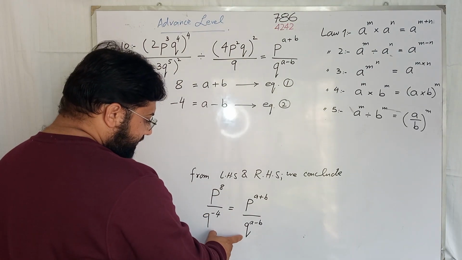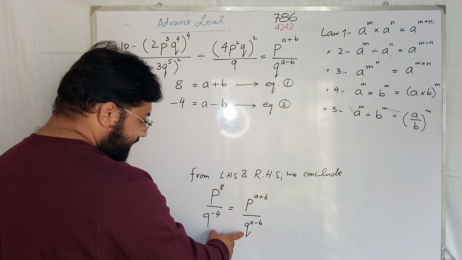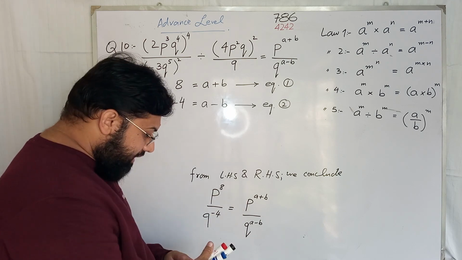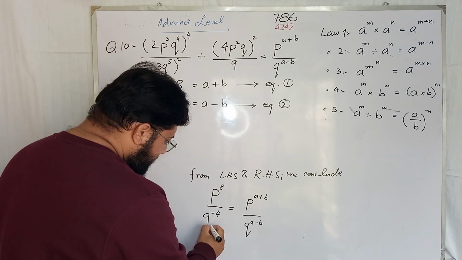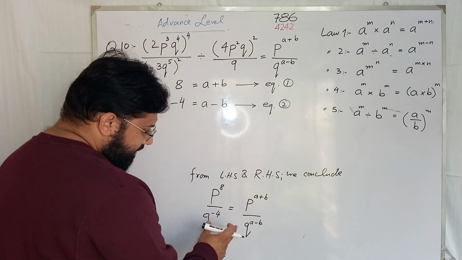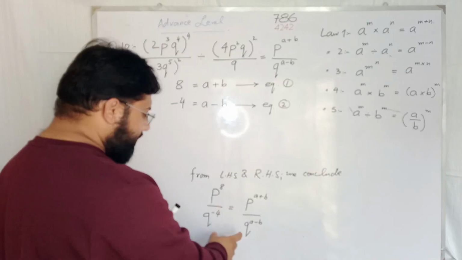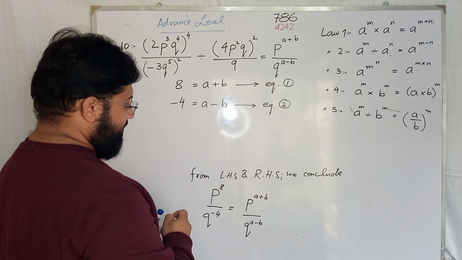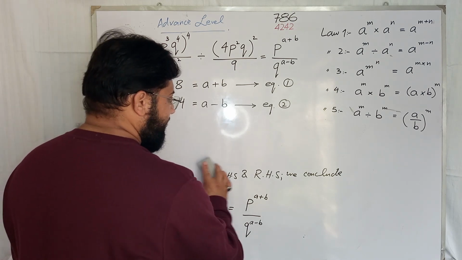Similarly, in denominator, this was in numerator, this is denominator. In denominator as well, this is Q. In denominator as well, if the bases are equal or identical, then the powers can be written as inequality.